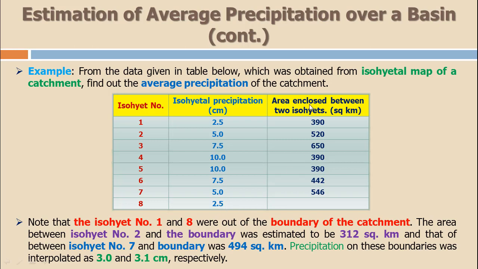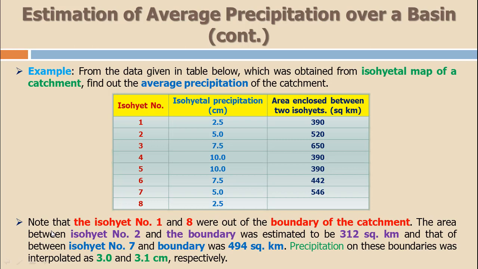And the area enclosed between two isohyets is, between isohyet number 1 and 2, 390, between 2 and 3, 520, between 3 and 4, 650, between 4 and 5, 390, between 5 and 6, also 390, between 6 and 7, 442, and the last area between isohyet number 7 and isohyet number 8 is 546.